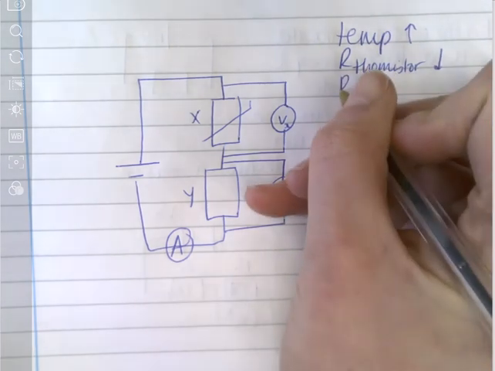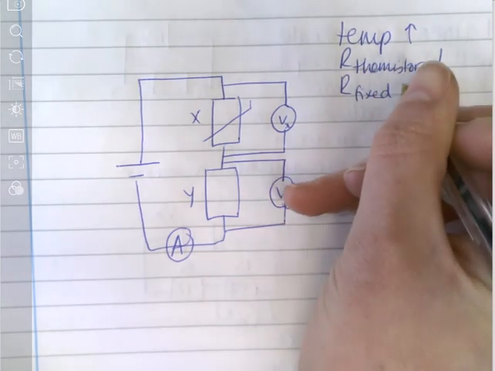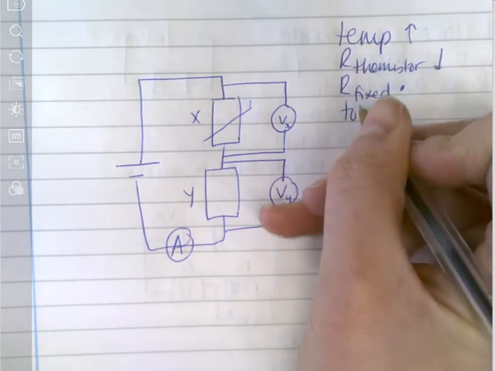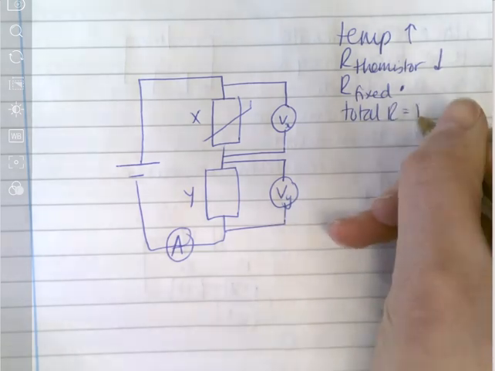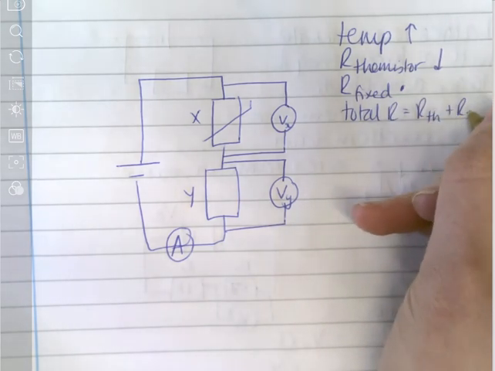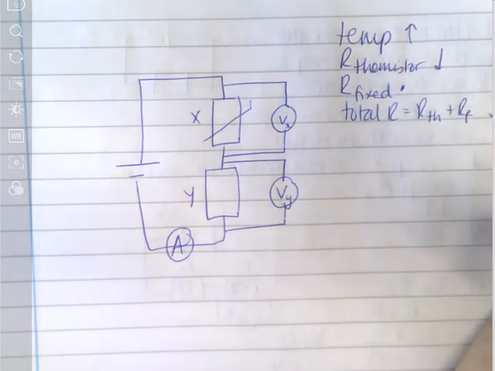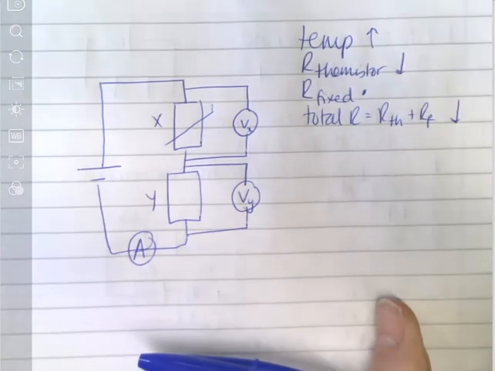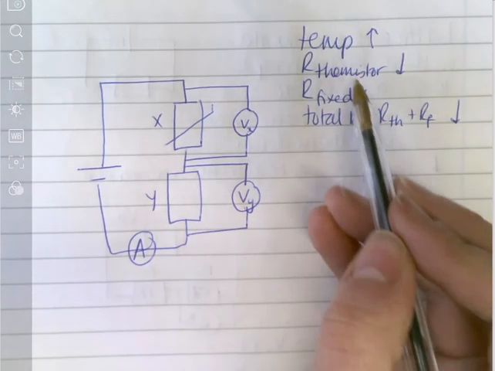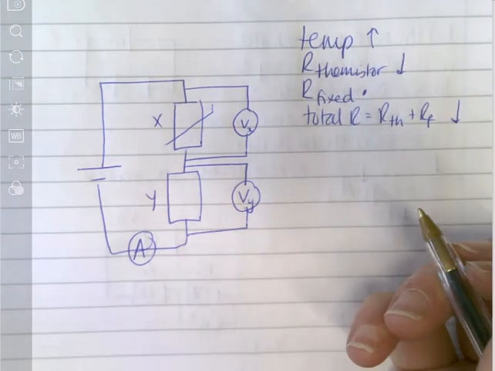The resistance of the fixed resistor will stay the same, but that means the total resistance, which equals R therm plus R fixed, will also decrease. Because if this decreases and we're adding these two together, overall the total resistance decreases.